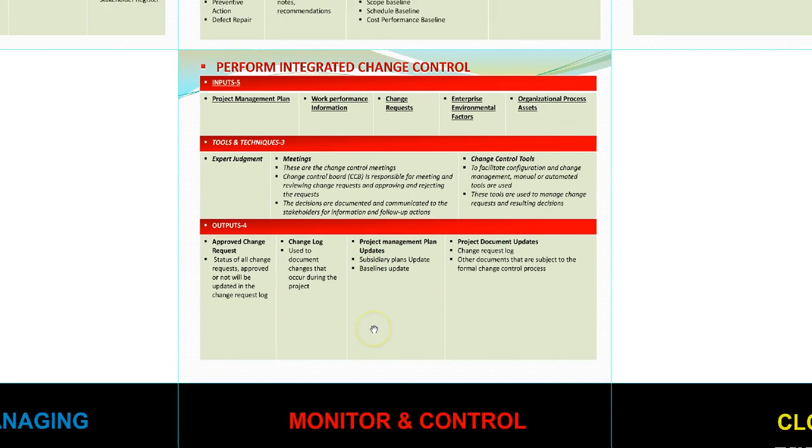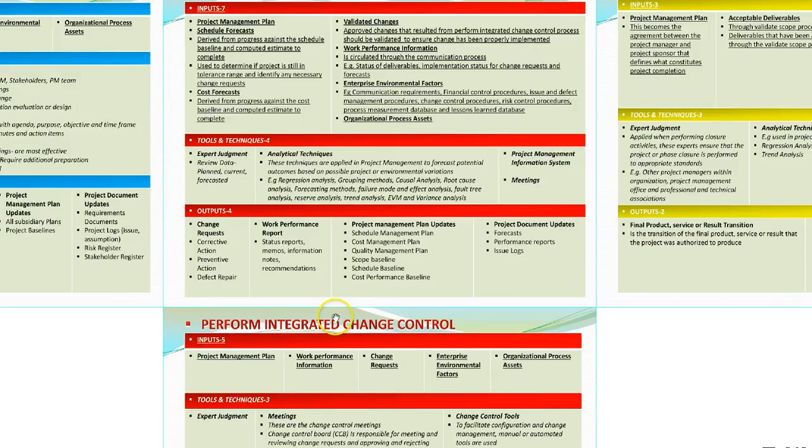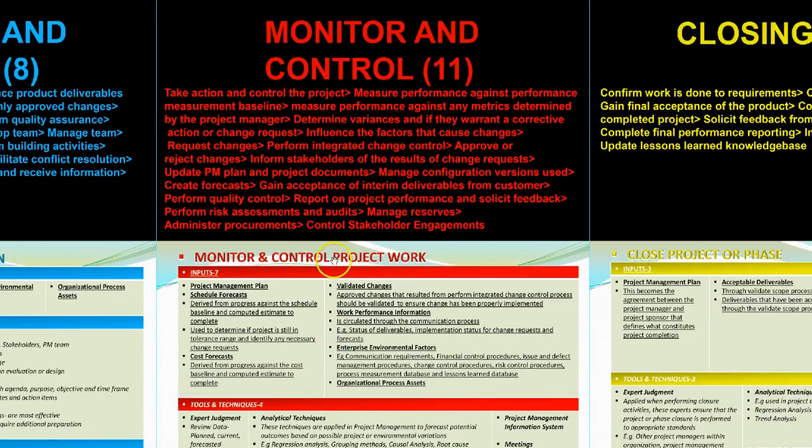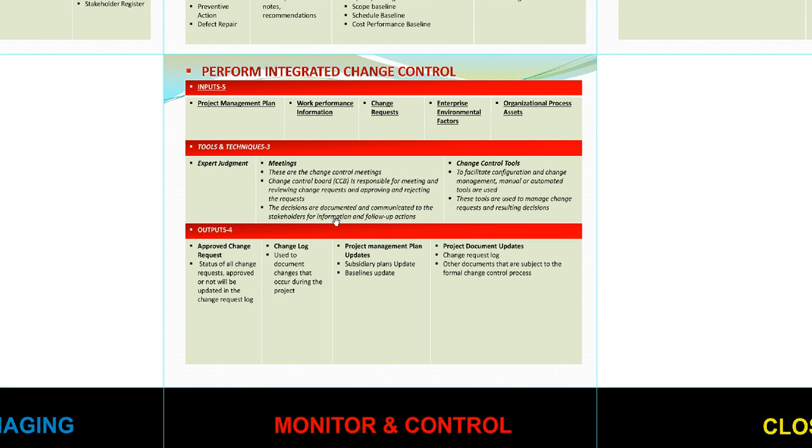So the next is perform integrated change control. Again, the color is red, so it falls under the monitor and control process group. And what happens in perform integrated change control is every project goes through a lot of changes. There are always changes happening during the length of the project.